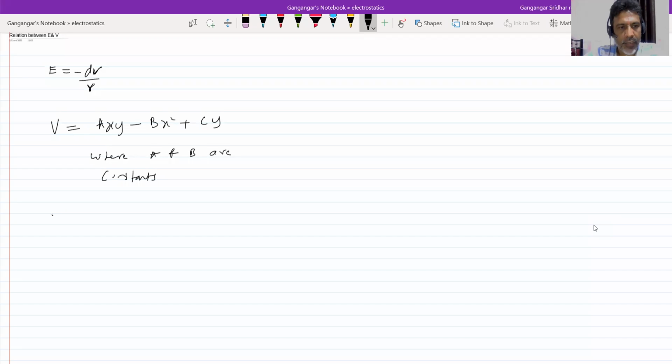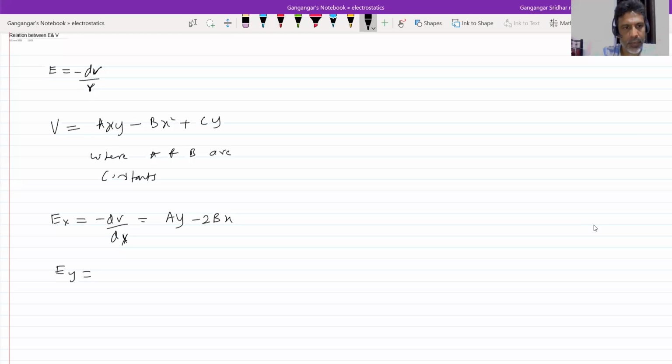So I'll differentiate with respect to X. Ex is equal to minus dou V by dou X. Differentiating this function with respect to X will be Ay minus 2Bx.